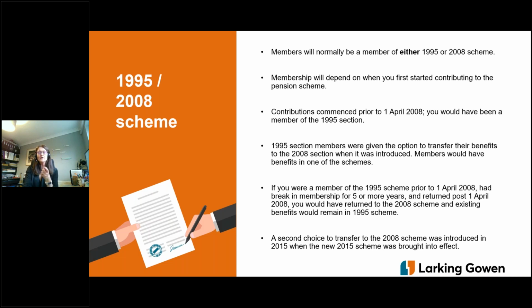But in return, you got a slightly higher pension build up every year as opposed to the 1.4%. Still worked out exactly the same way on your career earnings, as we've talked about for the career average uplift, but you got a slightly higher percentage because you were working till later at 65. So perhaps people who plan to work later made the choice to move across to the 2008 part of this scheme. It's all seen as the same scheme, just with 2 parts to it, the 95 and the 2008.